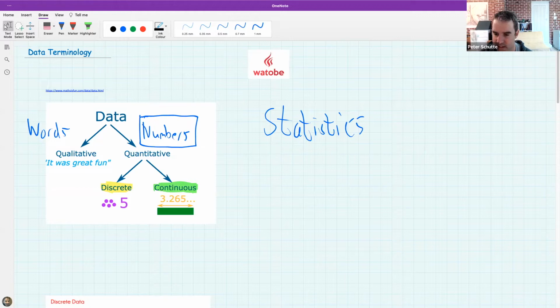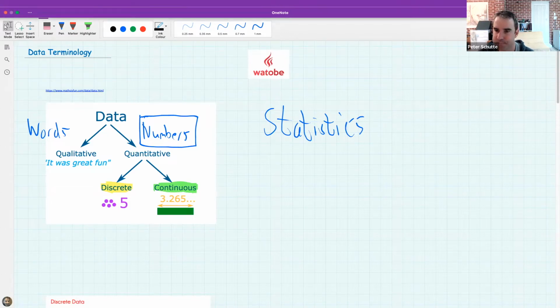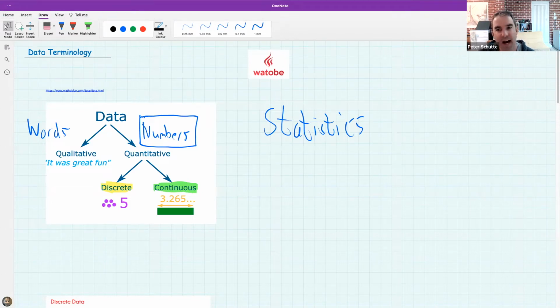Anybody have an idea? Maybe you've heard in class, or is there a question that your teacher asks you to ask yourself? So the way I remember it is discrete data is data that is normally counted, or it doesn't have any fractional parts.